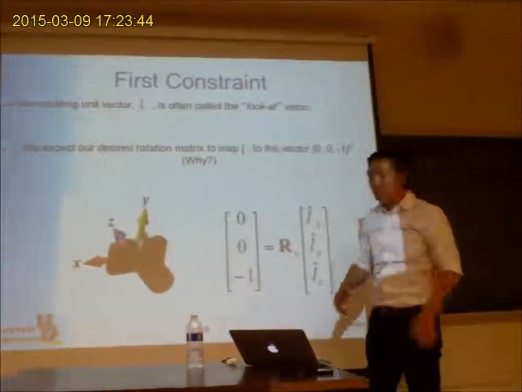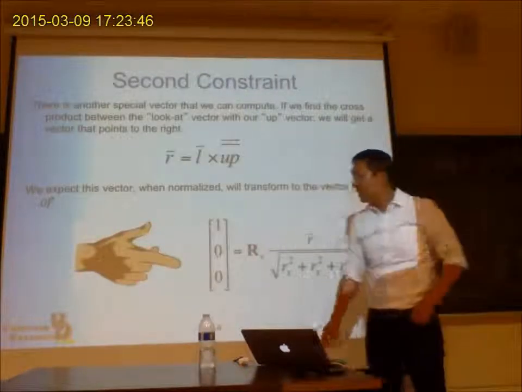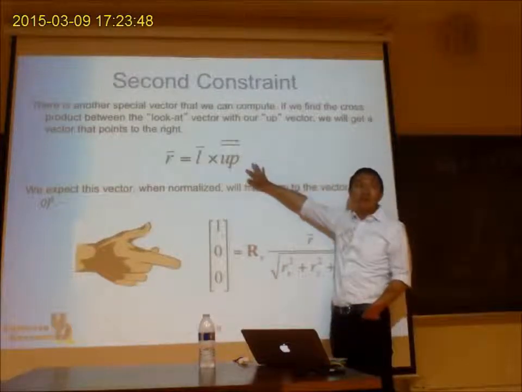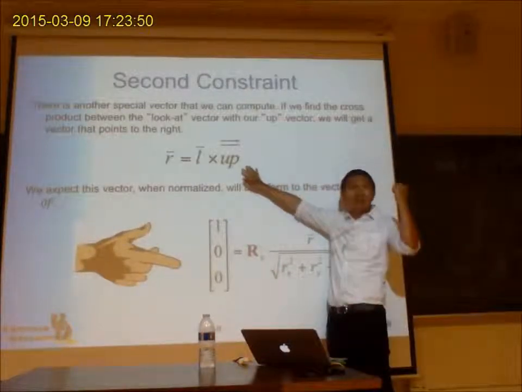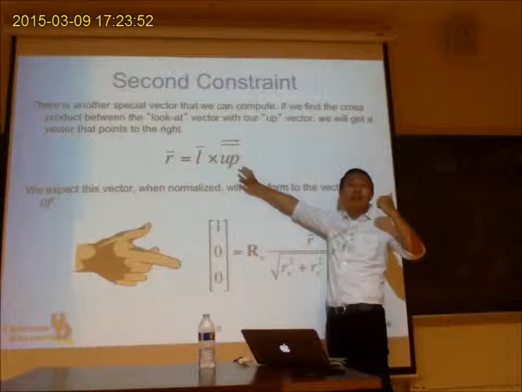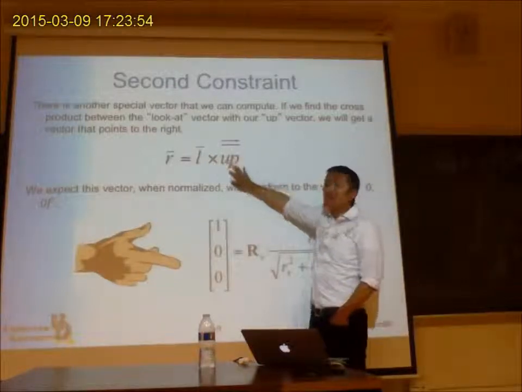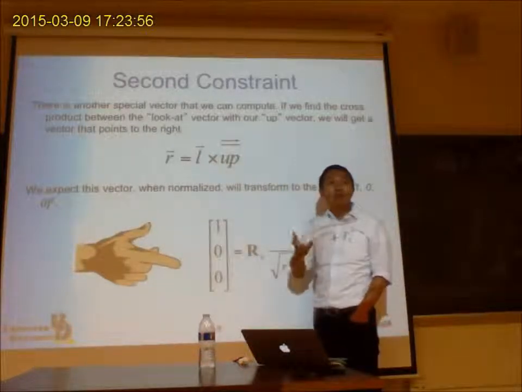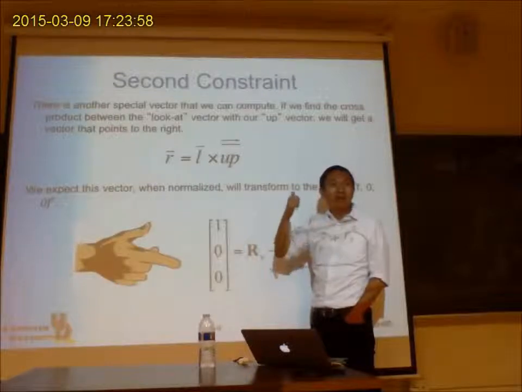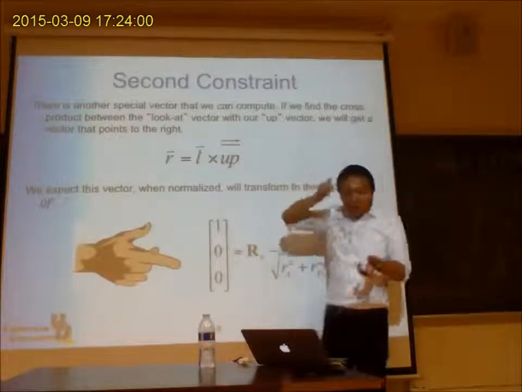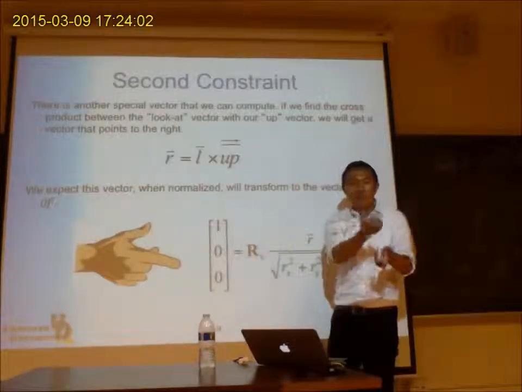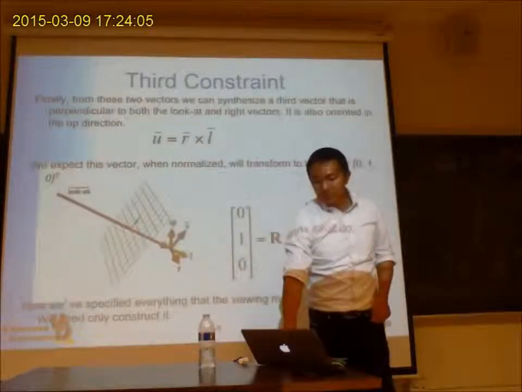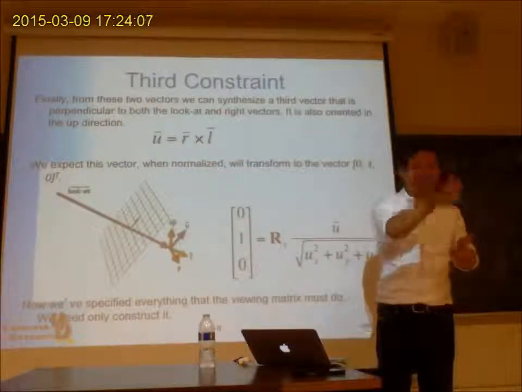This is called up in the slides, but it's very confusing because I have another up there. So it's better to rename it the sky. In fact, in many renderers it's called the sky vector. So you know where the sky is, and you know where you look at. You do the first cross product to get the right. Then you do the second cross product to get up.